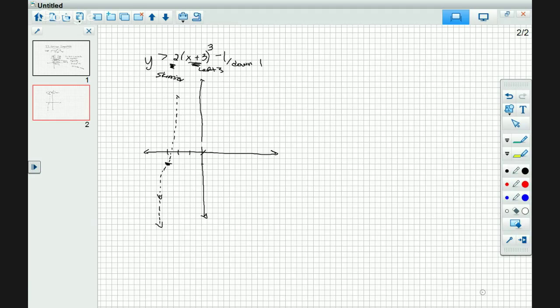Okay, where do we shade? Yeah, we're going to be over here. If you look at any spot that kind of goes horizontal, you want to be above that. It's greater. So we're going to shade out here.